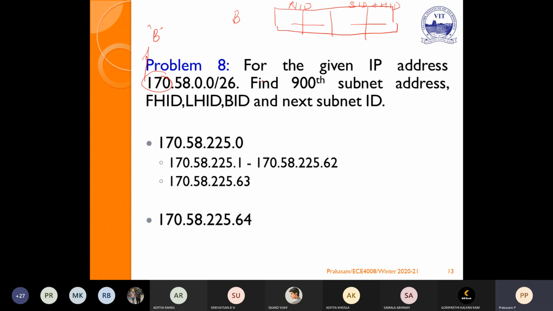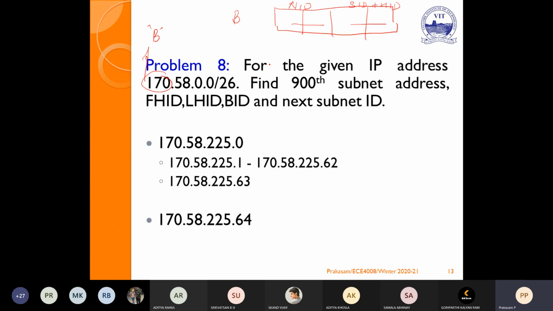This you should remember. Class A means the first byte is network, the remaining subnet and host. Class B means the first 2 bytes for network ID, the remaining 2 for subnet ID plus host ID. If it is class C, the first 3 bytes are the network ID, and only the last byte is allocated for subnet ID plus host ID.